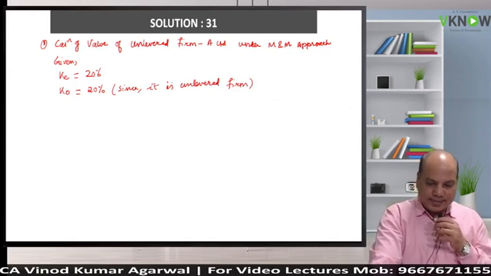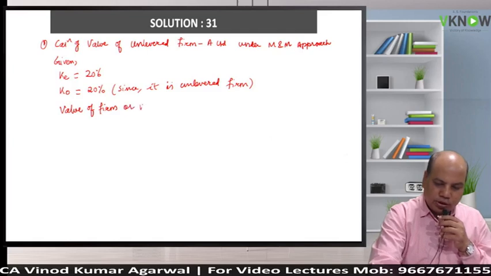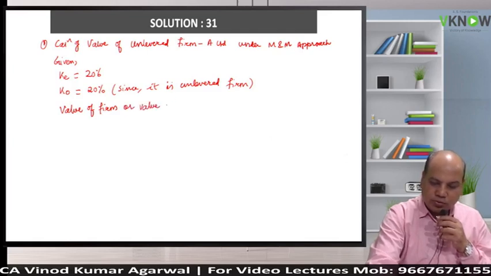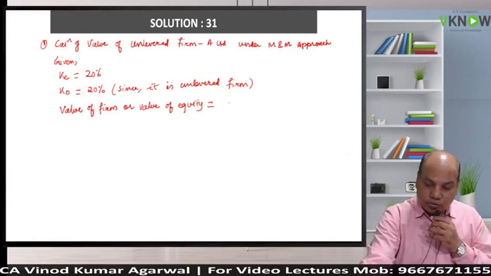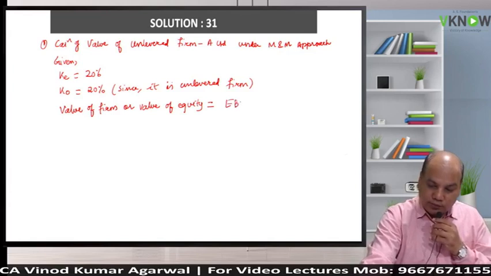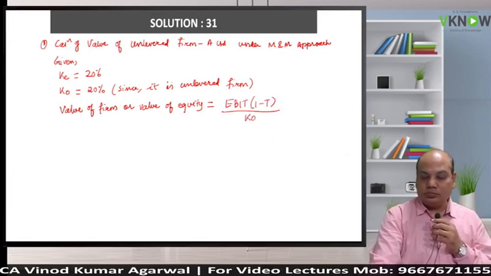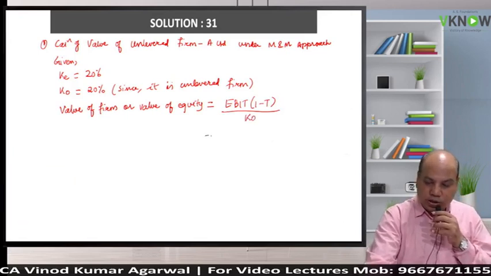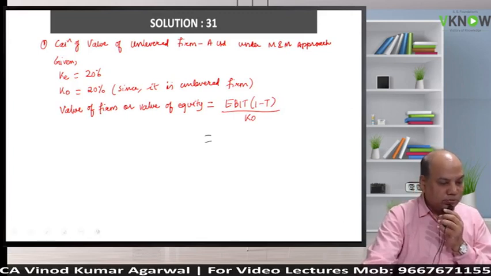Okay. Then write down value of firm or value of equity, because both have the same KE and KO. So value of firm and value of equity both will be the same. Is it right? So you write down EBIT into 1 minus T upon KO, because if there is taxation, then you have to multiply by 1 minus T. EBIT, just check, is it given in the problem? 25 lakh.